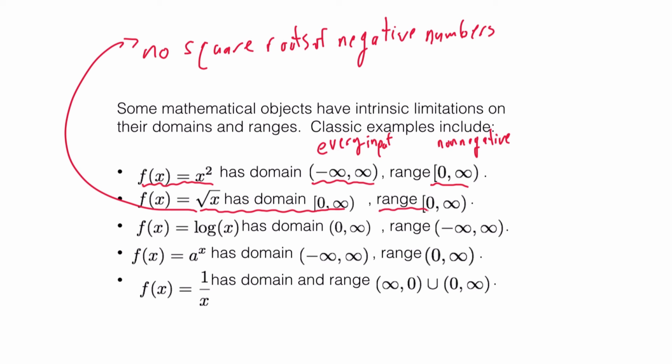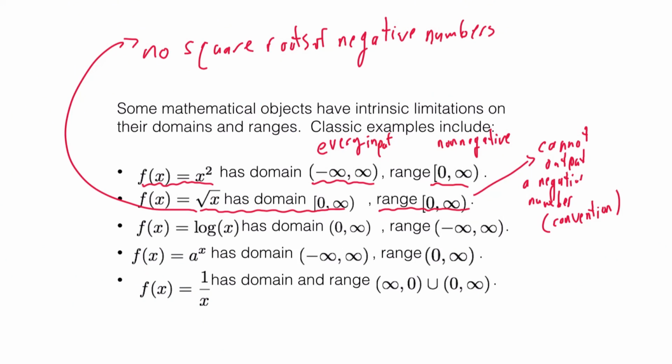And similarly, the range has to be 0 to infinity. Cannot output a negative number. So this is more by convention than mathematical necessity, but it is standard to choose the positive square root.